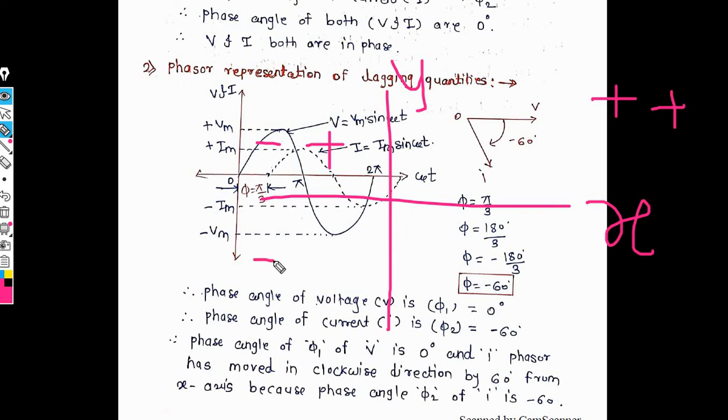This quadrant is very important to find out the phase angle. The waveform starts from this point to this point. At an instant, the angle from this point to this point is negative, but at this point the angle will be positive.